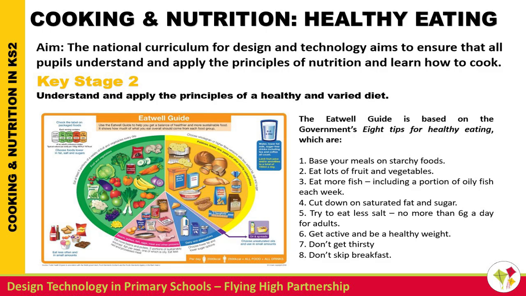The Eat Well Guide is based on the government's 8 tips for healthy eating, which are: base your meals on starchy foods, eat lots of fruit and vegetables, eat more fish, including a portion of oily fish each week, cut down on saturated fats and sugars, try to eat less salt, get active and be a healthy weight, don't get thirsty, and don't skip breakfast.